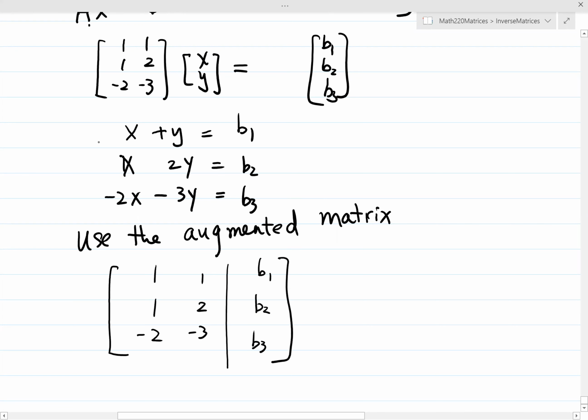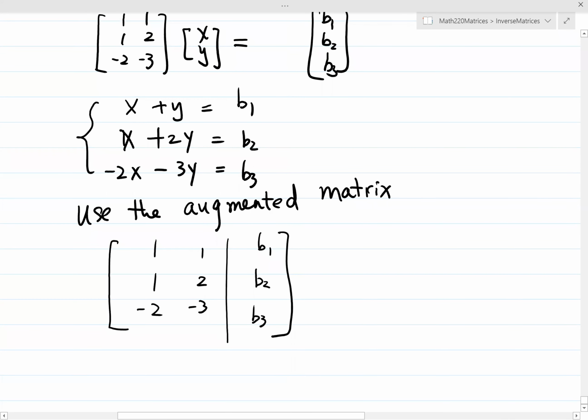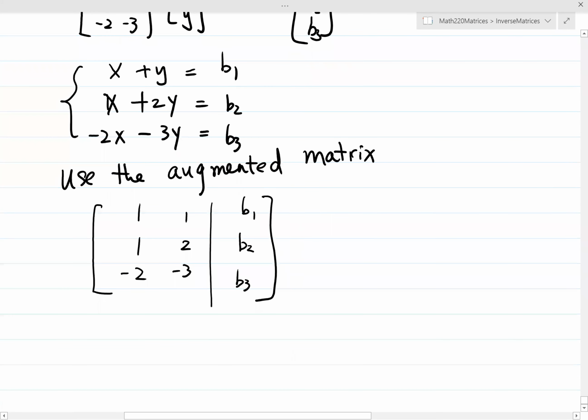Now, if you have a bunch of linear equations, you can add them, or do row operations to manipulate them.